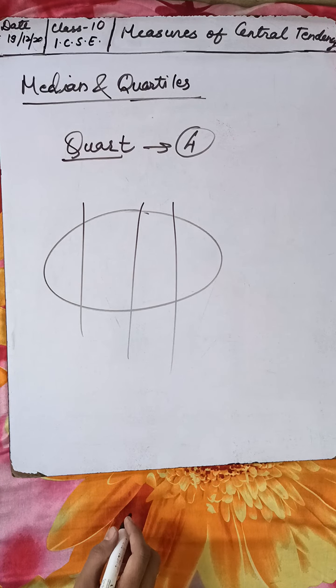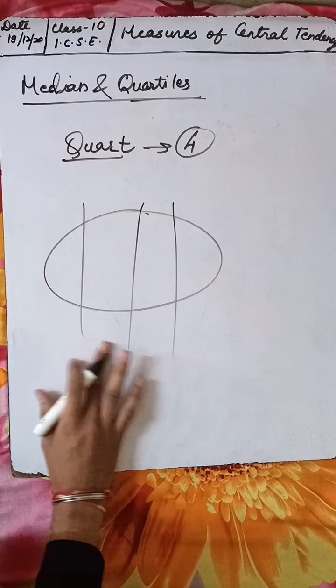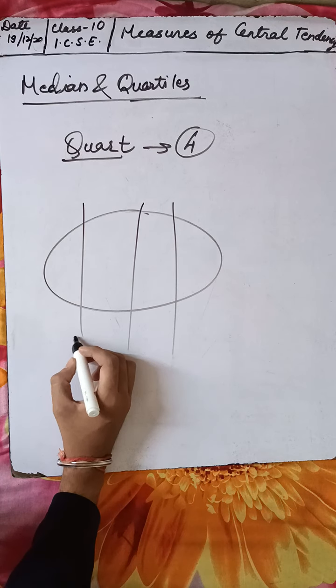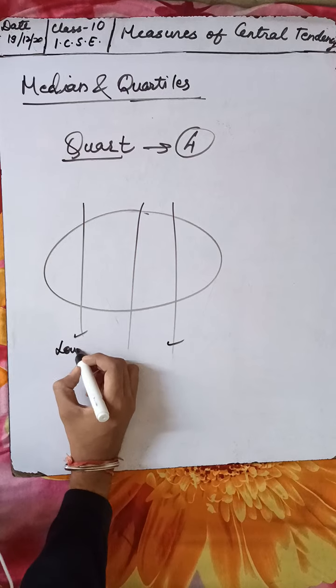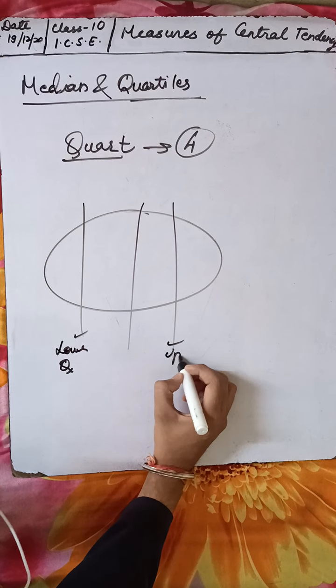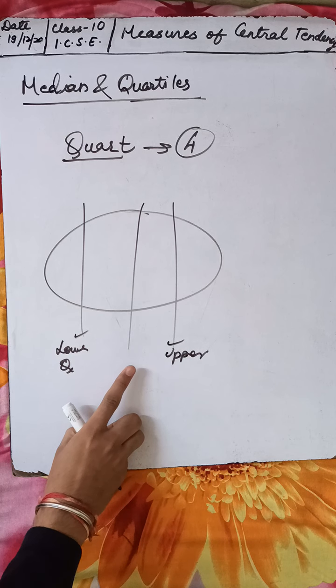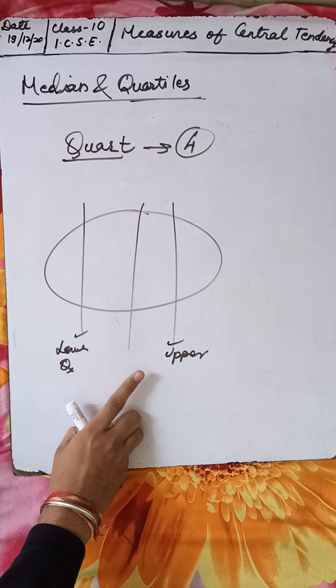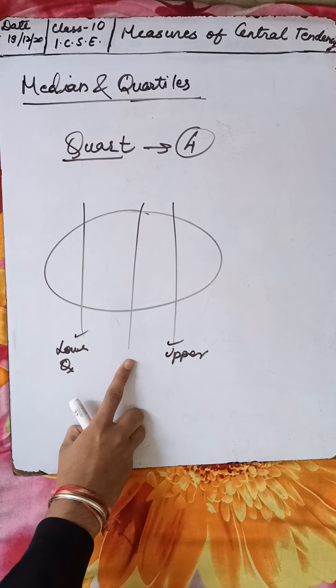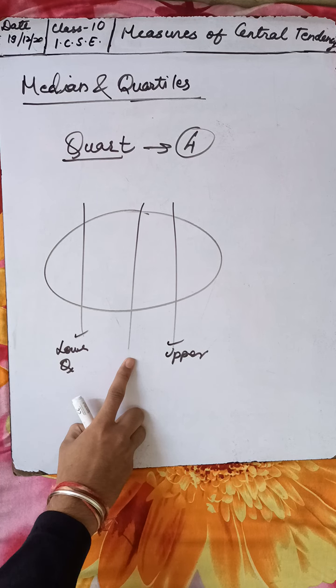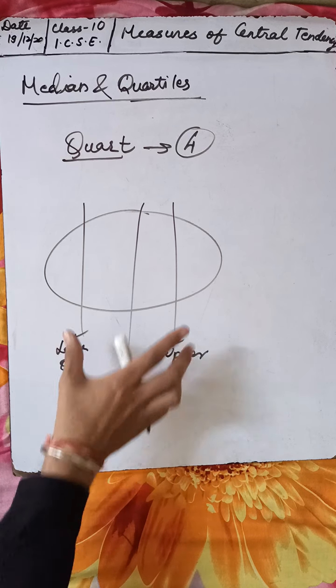How can we understand this? We have these two called the lower quartile and upper quartile, and the middle one denotes the interquartile range. All right, so that is how it works.